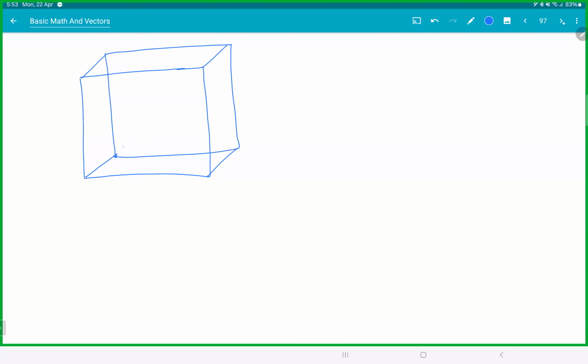So this was your origin O, which is 0, 0, 0. This is your x-axis, this is your z-axis, this is your y-axis. This is A, this is B, and this is C. I taught you how to find the coordinates for a cube.